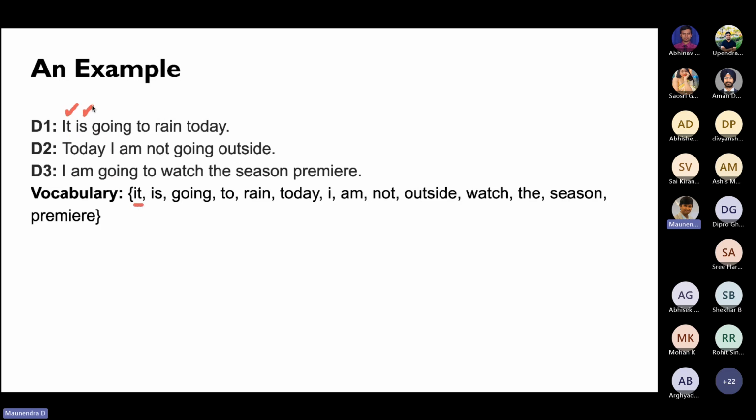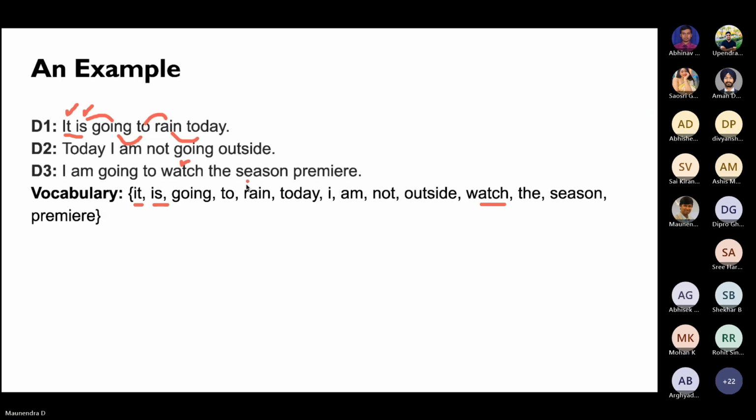Is a term which will again go into the vocabulary. Watch is a term which will go into the vocabulary. Similarly, it is going to rain, rain today. So this kind of consecutive pairs of terms will also be there in the vocabulary.